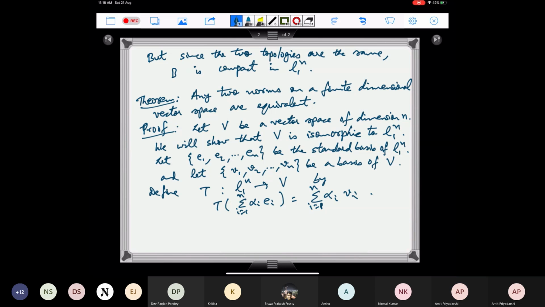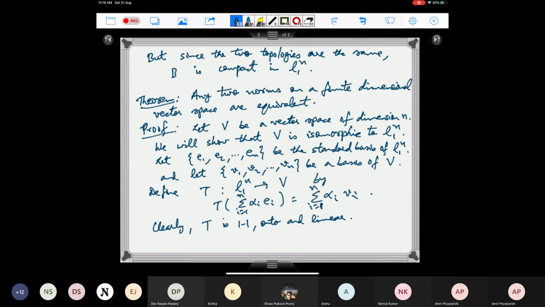So we get a linear transformation, and clearly T is 1-1, onto, and linear. Now we will show that this T is continuous and T inverse is also continuous. So T and T inverse both are bounded linear operators.